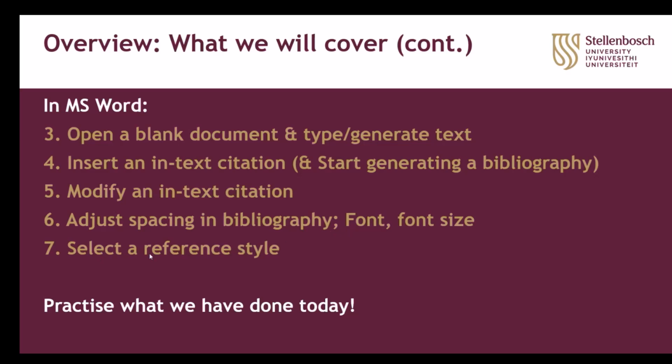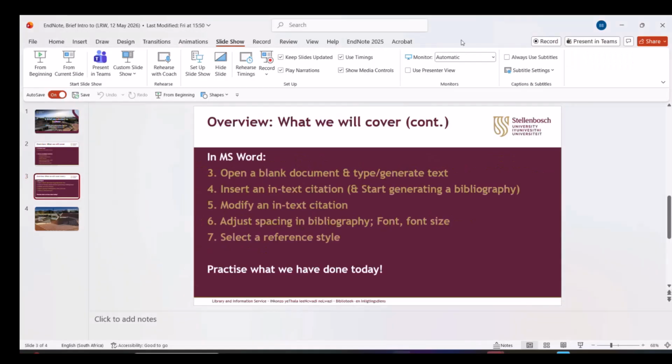And then we'll also select a reference style if we need to change our reference style. And most importantly, it's always good to practice; the more we do in our EndNote library and our work with Word, the more we learn. So just to keep that in mind.